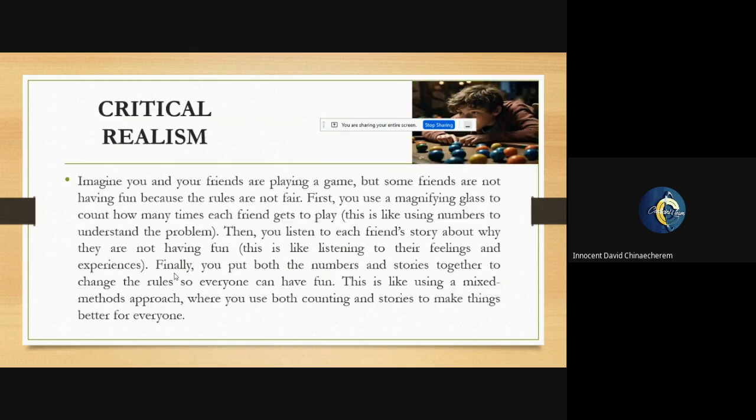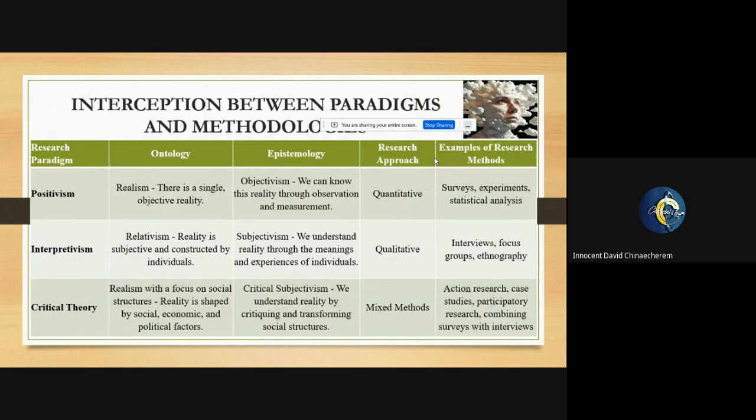Then we also talked about critical realism as a combination of both, where this guy is counting the balls and also listening to stories in the background to make his judgment. And we talked about the intersection between paradigms, where positivism is quantitative, which covers cross-sectional studies, experiments, cohort, any type of study that uses numbers, interpretivism is for qualitative, and critical realism is for mixed method.